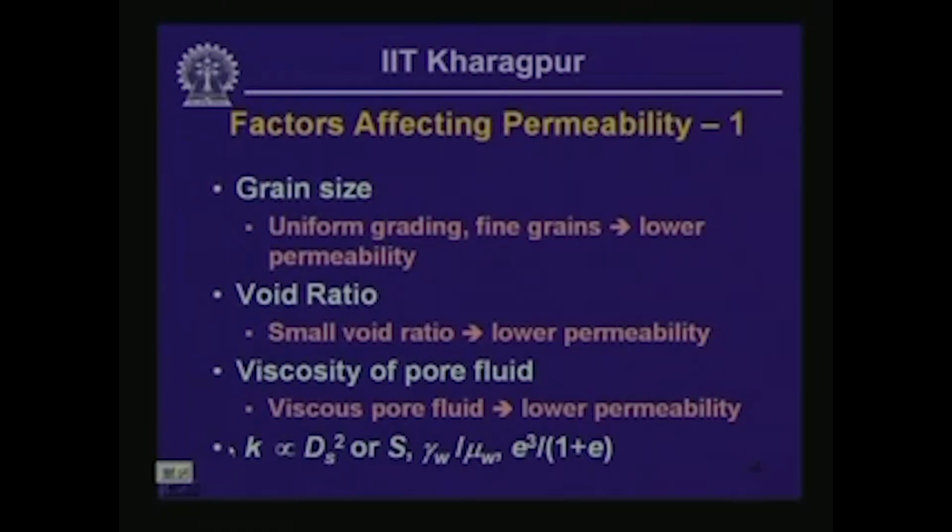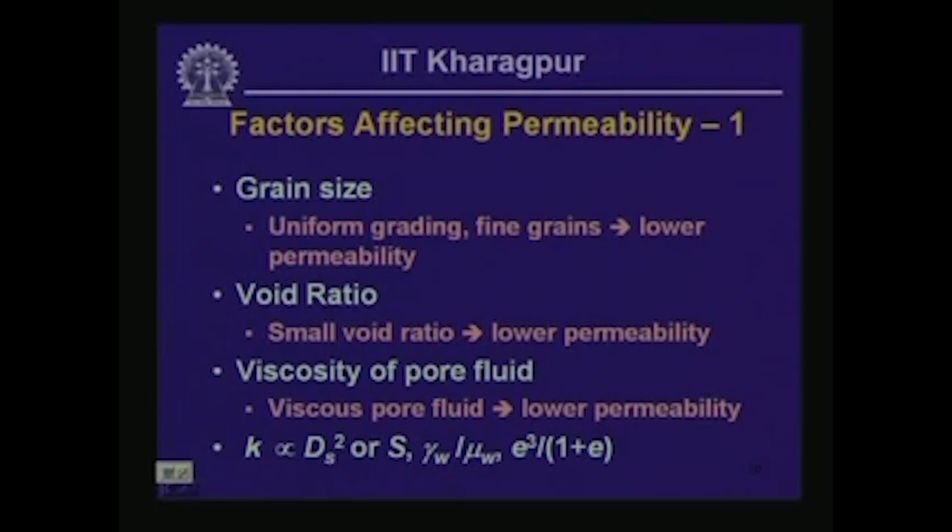Factors affecting permeability. We know some of these things already, because what I have indicated in the previous slide is that the constant of proportionality, or the coefficient of permeability or hydraulic conductivity, we are going to use the term permeability in this particular lesson, but you need to understand that the term is in fact interchangeable with hydraulic conductivity.